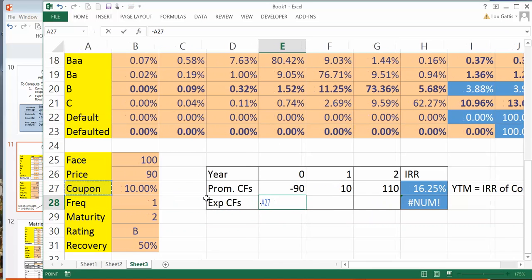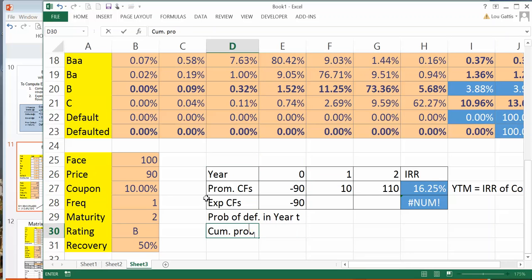But to calculate the expected cash flows, I need the probability of default in year T. So this is my year T up here, 1 and 2. I'll need to know the cumulative probability of survival, and I need to know the cash flow in default. How much do I get paid if it defaults that year?